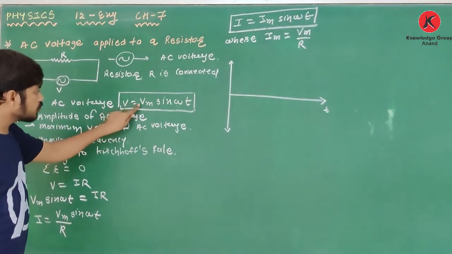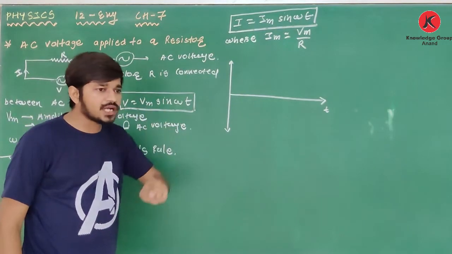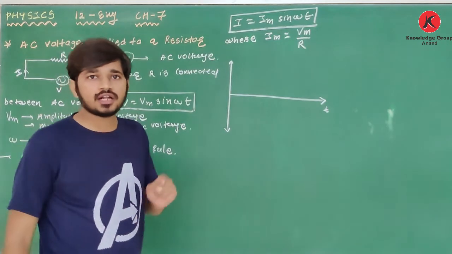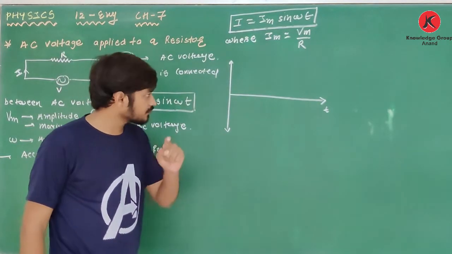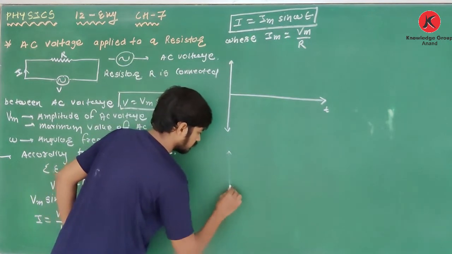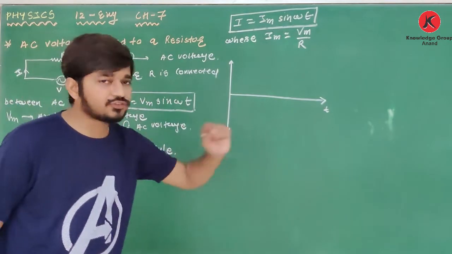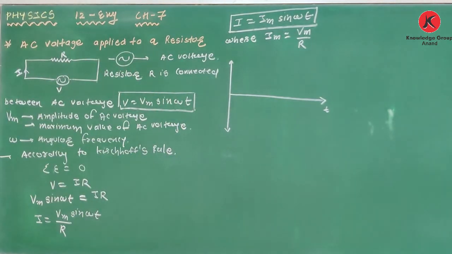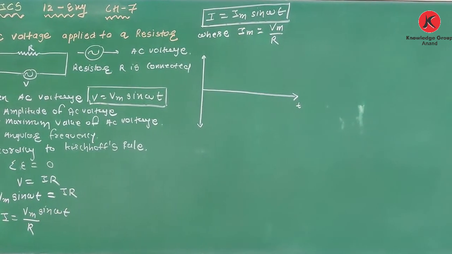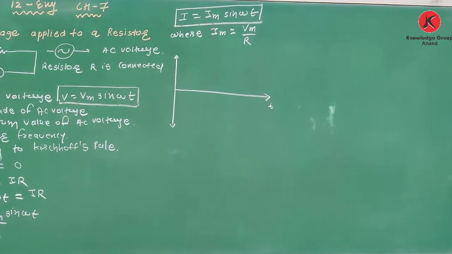then V is equal to Vm sine omega t. How to draw the graph of sine? That we will see in that context.